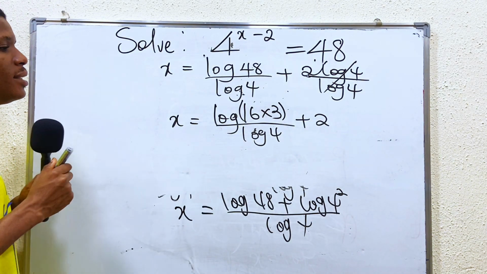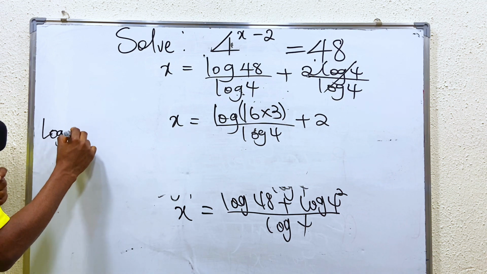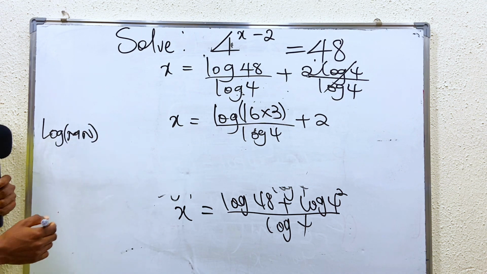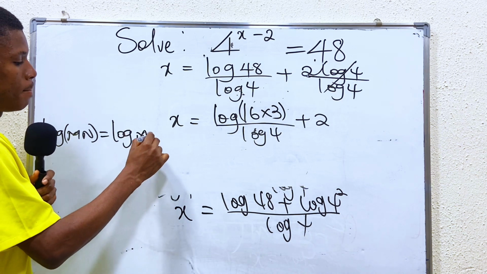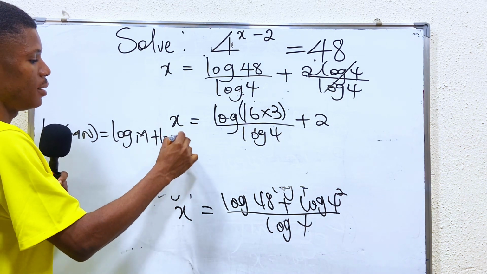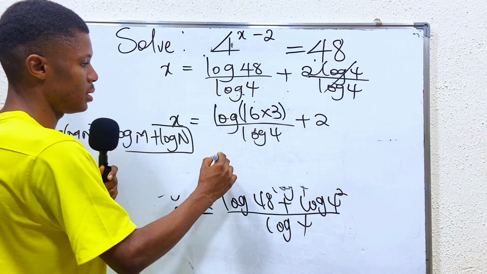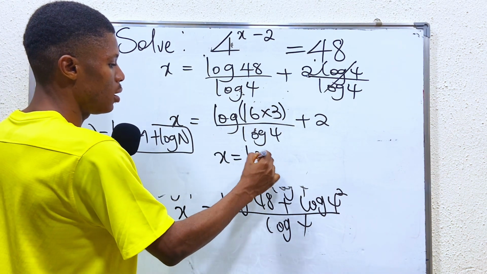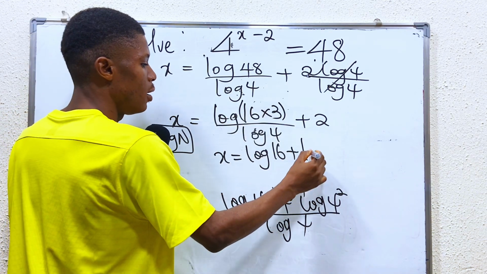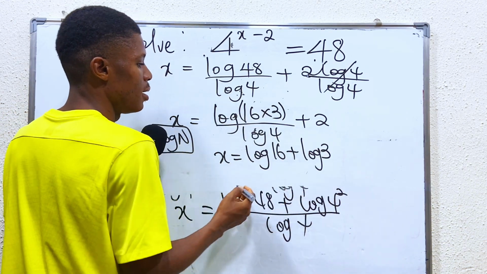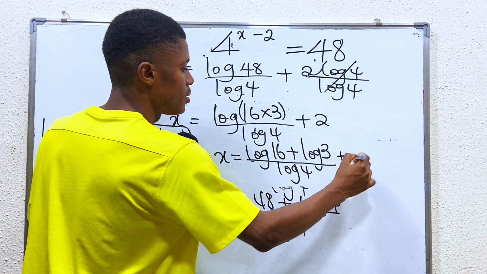So we can now write this in multiplication, like when we have log of m times n, it is the same thing as log m plus log n. So if we agree with this, we can now see that x is equal to log 16 plus log 3 divided by log 4 plus 2.